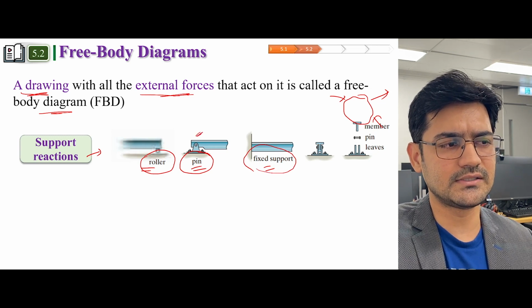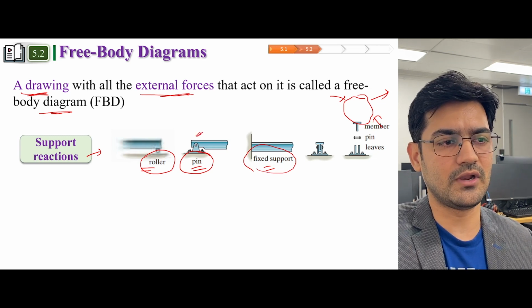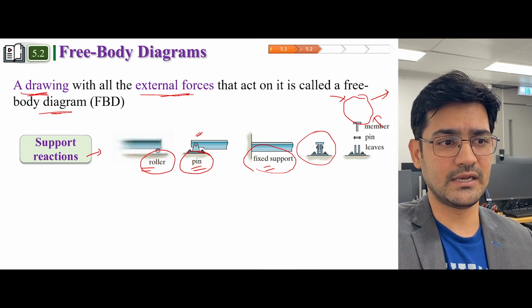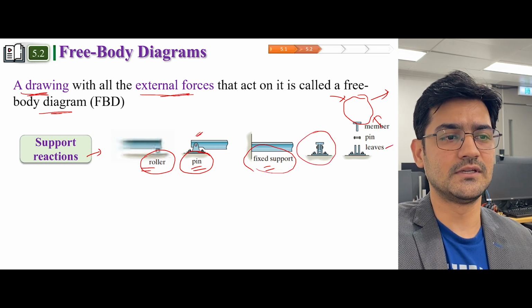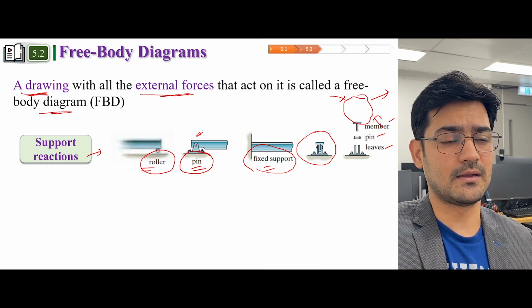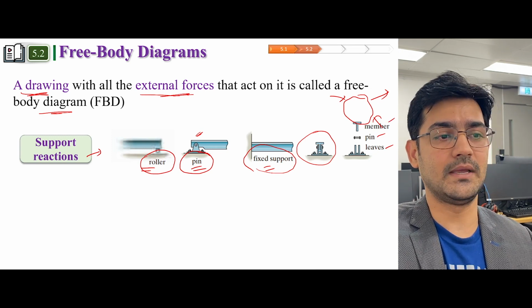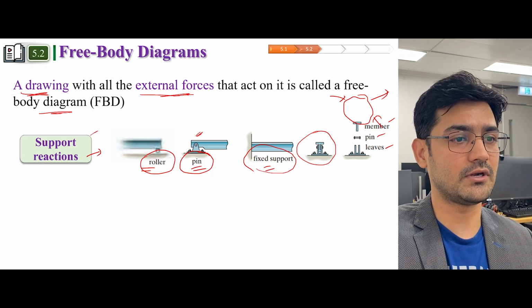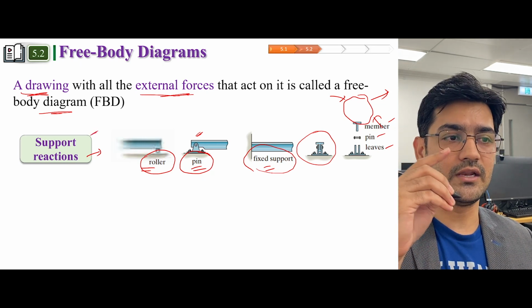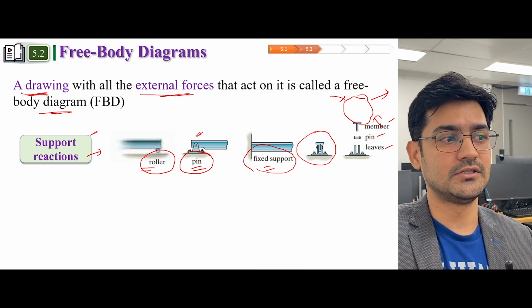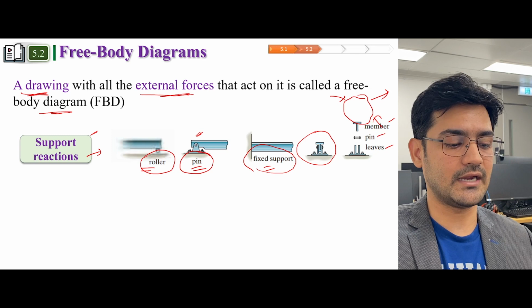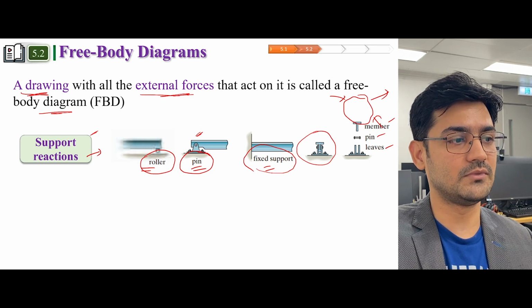Now to really see how this pin is formulated, you can see this cross section. So basically the pin is made up of leaves, pin and member, and then combined makes it a pin. Why understanding these support reactions is important is because when the forces are applied on it, you have reaction forces as well, and those reaction forces are coming from the support reactions.